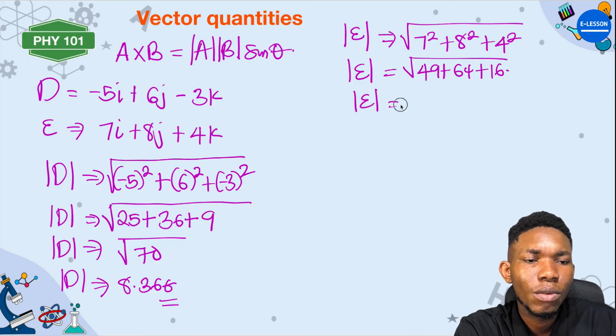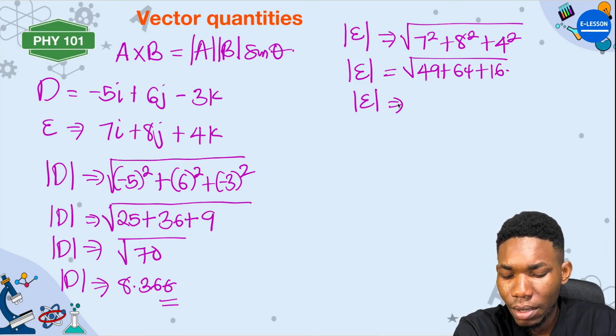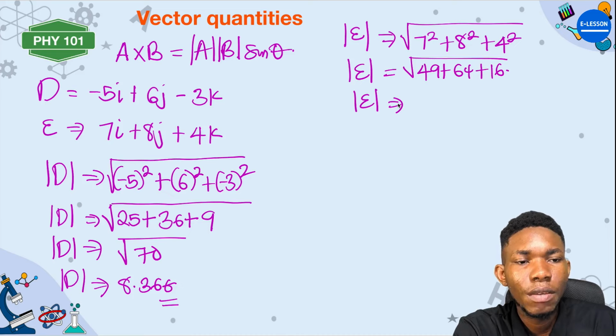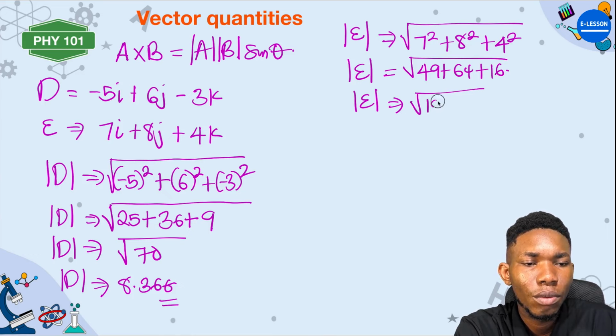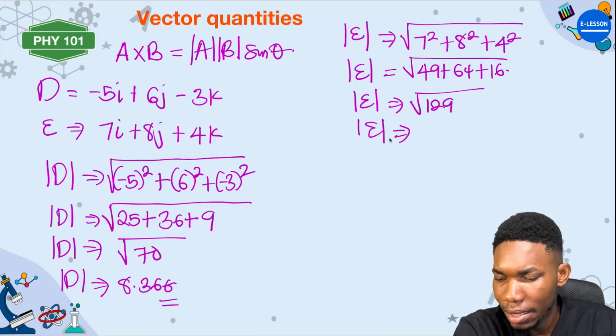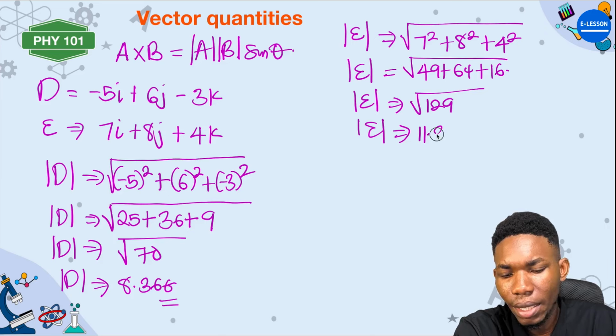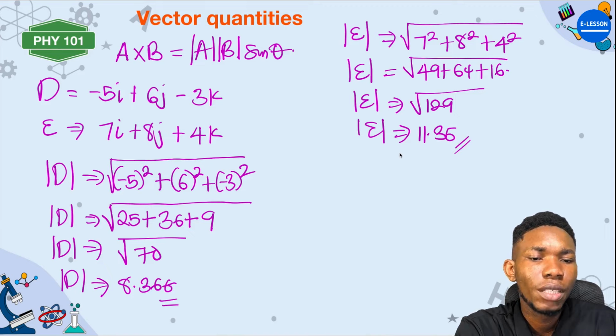So 49 plus 64 plus 16 gave us 129. So this will be the square root of 129, which gave us 11.36. That's the magnitude of E.